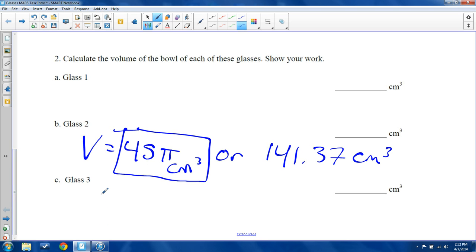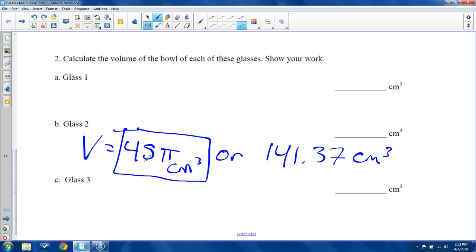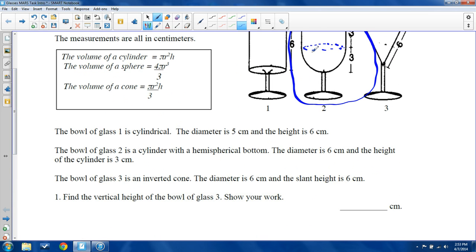Now glass 3, we had to find the volume of this as well. Oh, I'm sorry, I'm not talking about glass 3. I'm talking about glass 2. The second part of glass 2 was, this was the entire volume, but there was the volume of the spherical portion. I'm going to put hemisphere, half the sphere. So the volume of the hemisphere part, that is this bottom part right here.